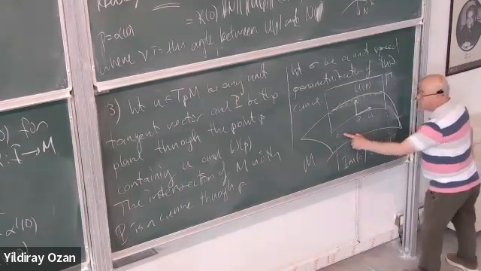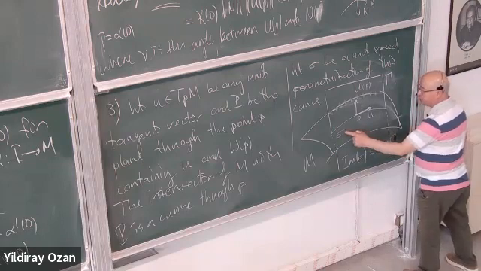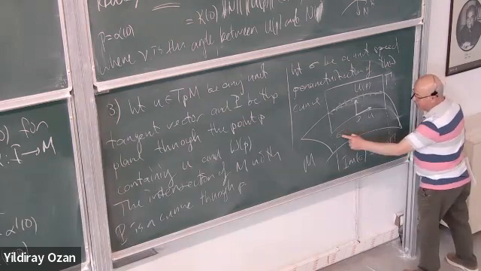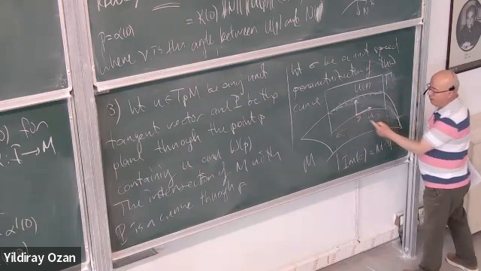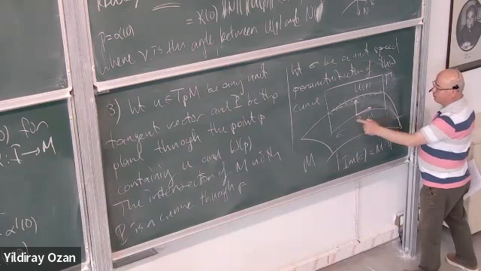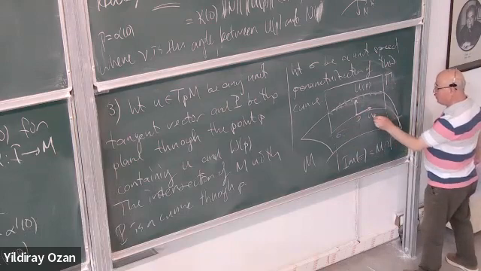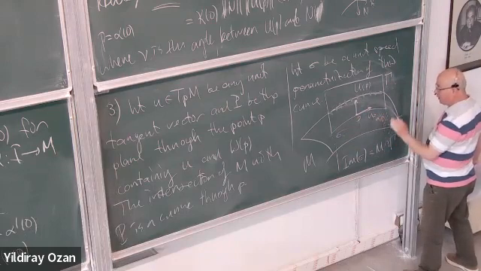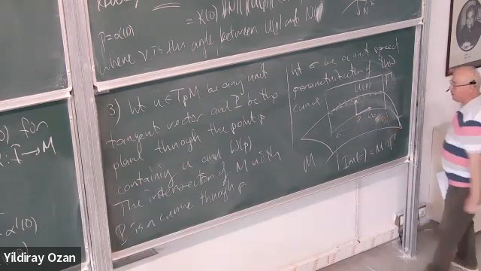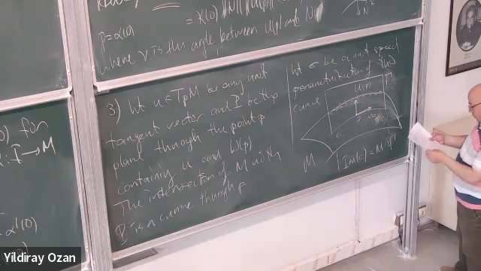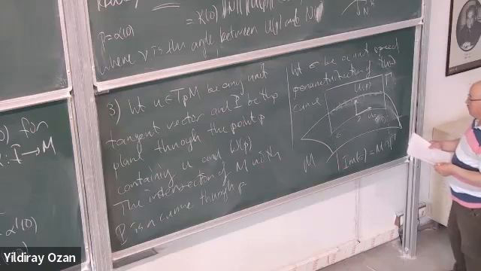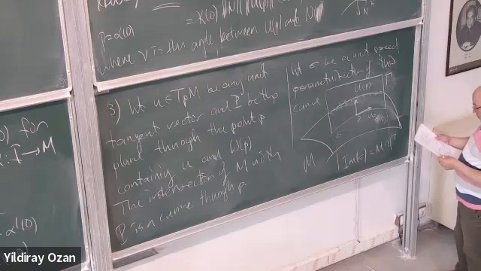Well, since I choose a unit speed parameterization, the tangent vector to this curve at this point will be a unit vector in this direction, but that direction is already the u direction because my plane contains that vector. So u is nothing but sigma prime 0.